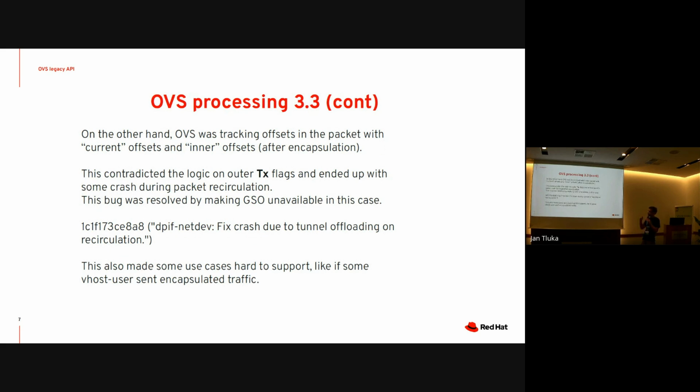There were also some other use cases that were not supported well with the approach, where if you had some tunnel in your virtual machine and you were pushing packets to OVS, OVS was not able to tell if the tunnel encapsulation was in OVS itself or elsewhere. So there were some cases where offloads were not behaving correctly.